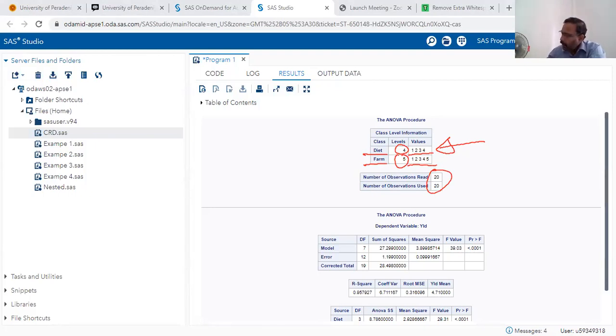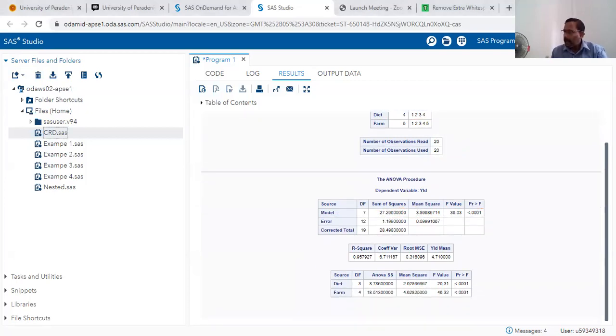Now, not like CRD, in RCBD you see here the model statement, the model information. Actually, this model information is given below. You see, this model is actually expanded here.